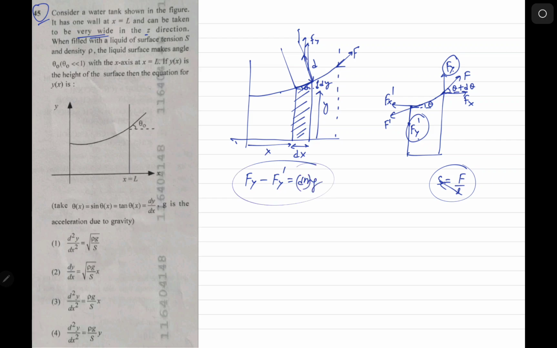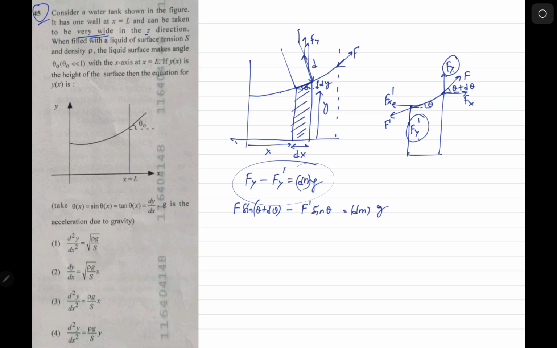This is the equation which we are going to use here. Let's take the components first. What is fy? It is f sine theta plus d theta, and this one is f dash sine theta, equal to dm into g.